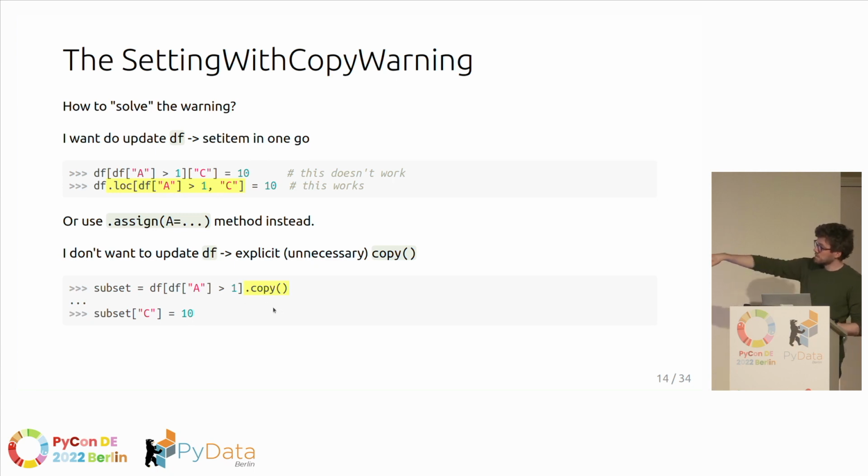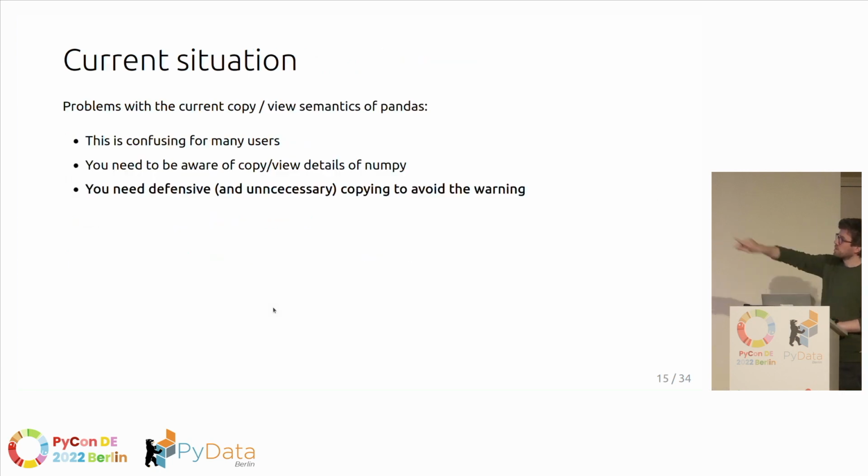But in this case, as I just mentioned, with the Boolean mask, the data in this subset is already a copy of the original data frame. So you're doing an additional unnecessary copy. And that comes back to my third point here: this is one example of where Pandas will create lots of copies, often unnecessary.